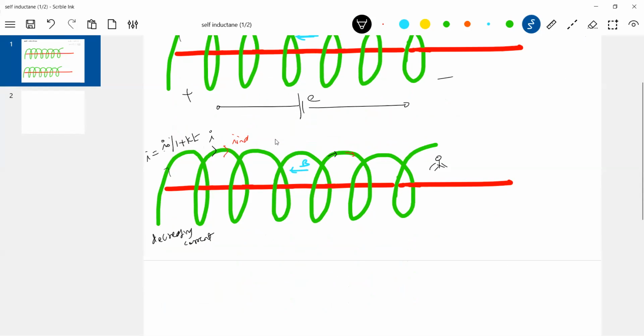Now this end will behave like a cell. I can replace it with a cell EMF, so this end is positive. This is very important. I'm telling you this: the signs, the polarity, because all the numericals revolve around this.